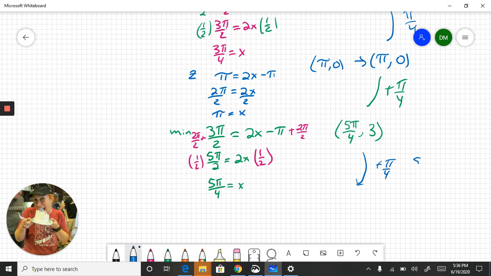So 5 pi over 4 plus pi over 4. Sorry, getting ahead of myself. Is 6 pi over 4, which reduces to 3 pi over 2.